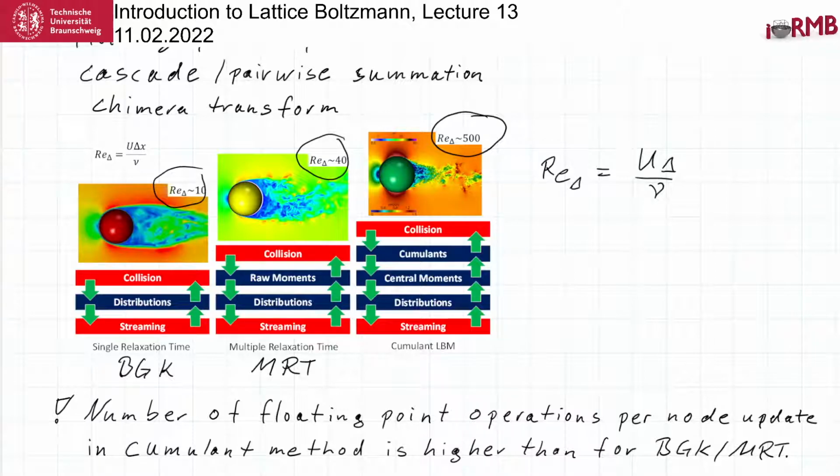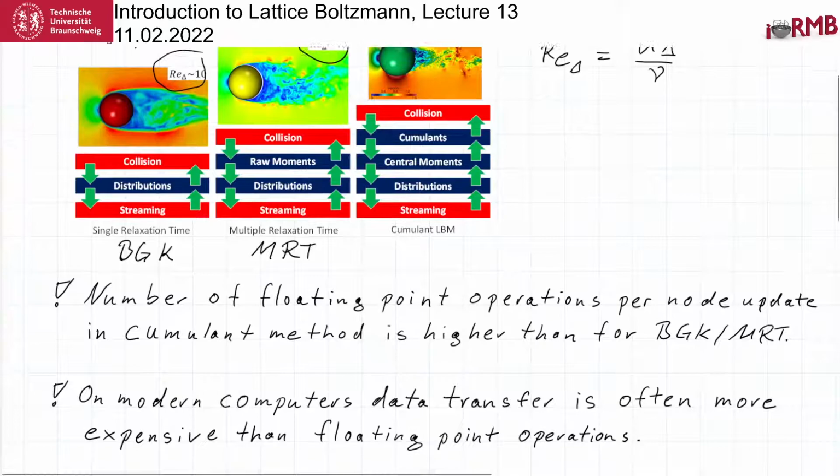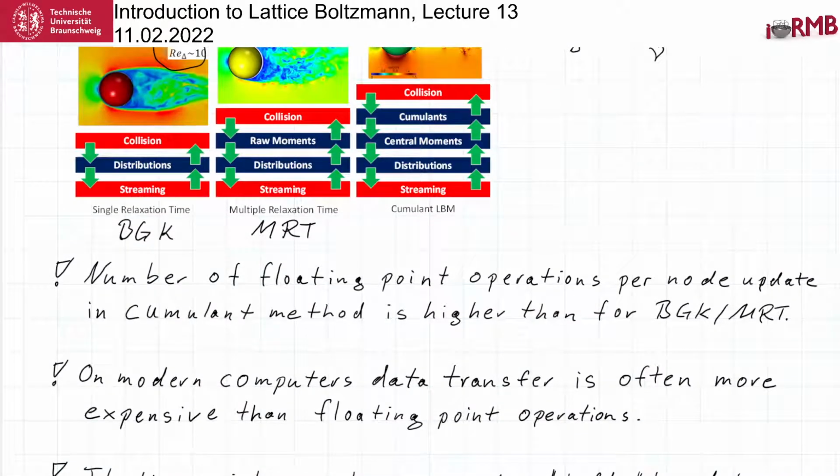So however, this is a little bit counterbalanced by the fact that you of course have more work to do in the cumulant method than in the MRT method, and in the MRT method you have more work to do than in the BGK method.